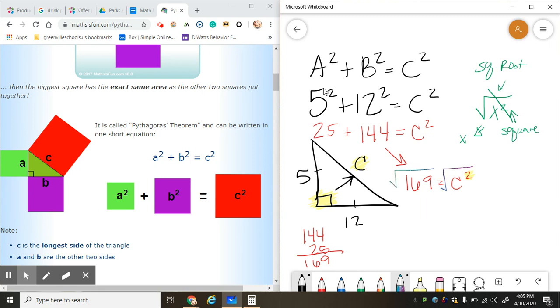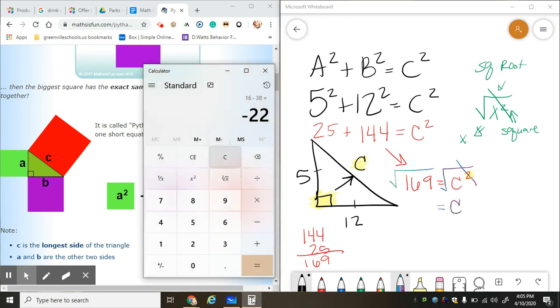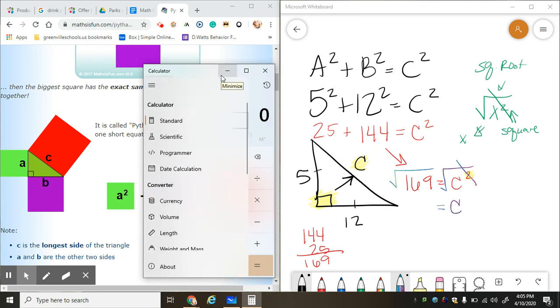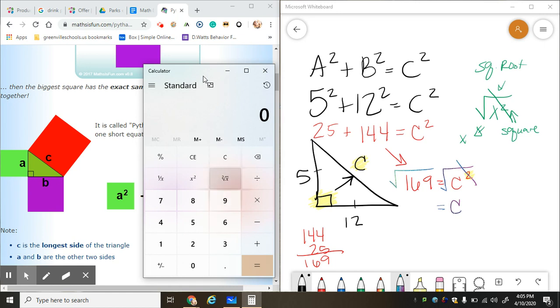So in this one right here, to get rid of the square, we're going to do the square root of both sides, which will cancel that 2 out, and we'll have C equals. Let me show you where the button is. You can use the standard or the scientific calculator, so I'll show you both ways. Here's the square root right here. It'll have the little 2 in front. That's just showing you that that is what goes with that.